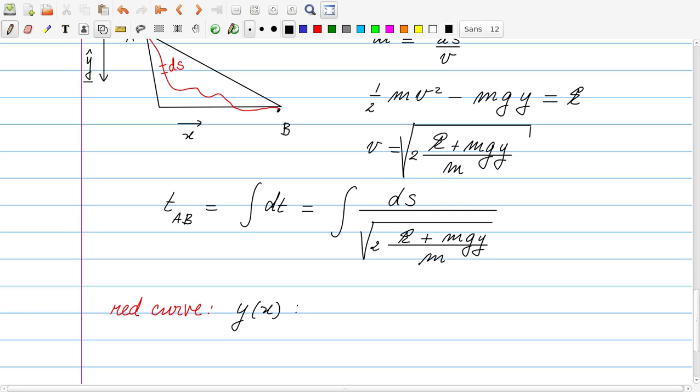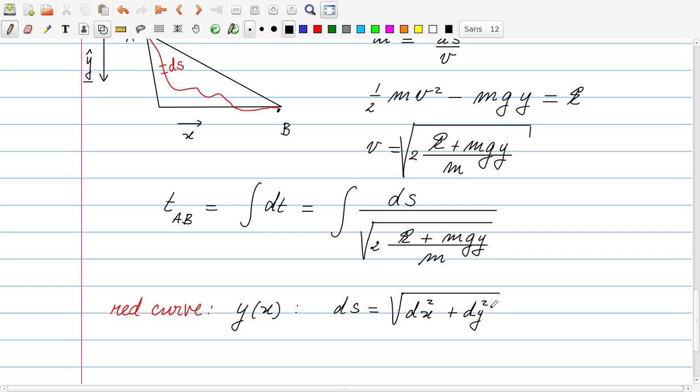Now the red curve can be written in the form y of x. It's just a height which is a function of the horizontal displacement. And if we take that form, it's easy to see that the ds is given by the square root of dx squared plus dy squared.